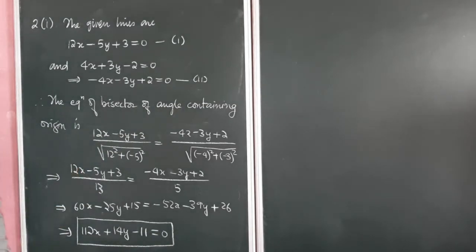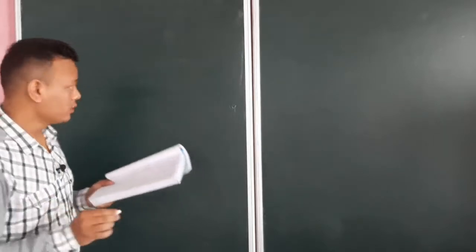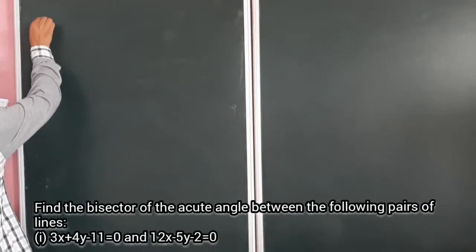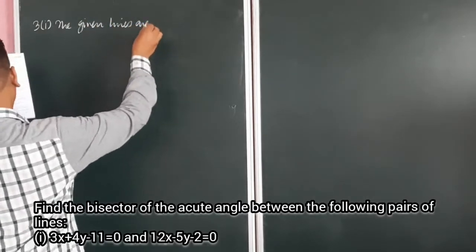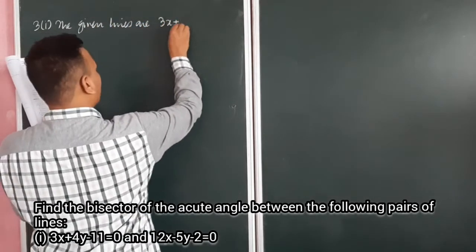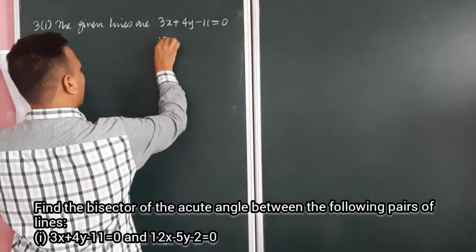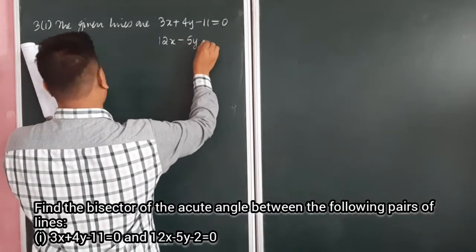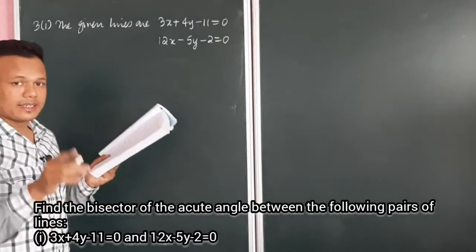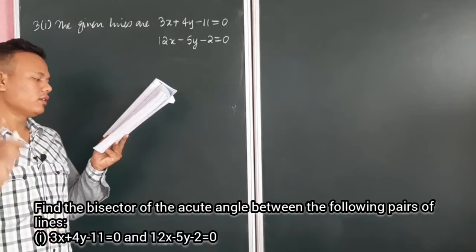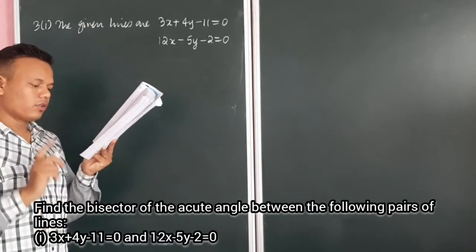So pause the video to note down. Now let's take question number 3. So let me write the given lines. Okay, so these are the two given lines, and as per the question we need to find the bisector of the acute angle between the following pairs of lines.